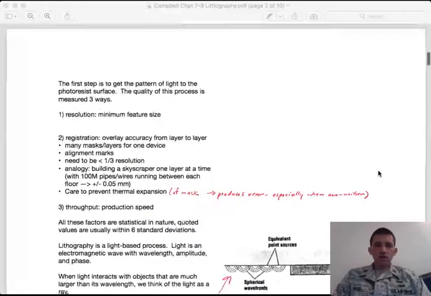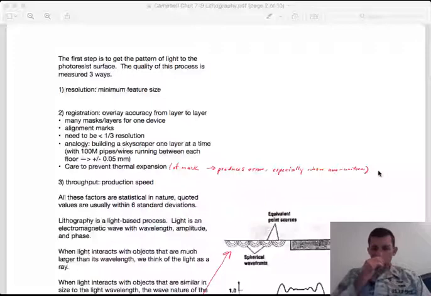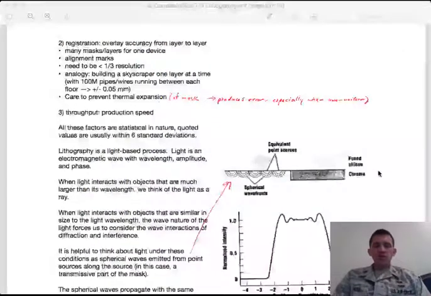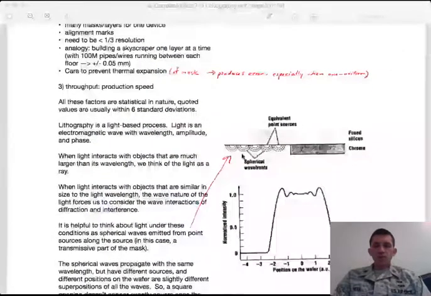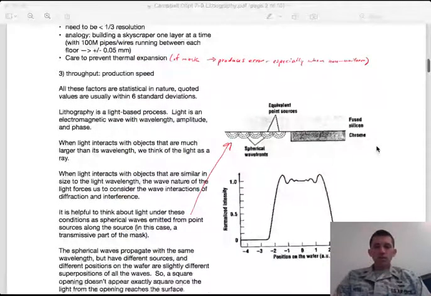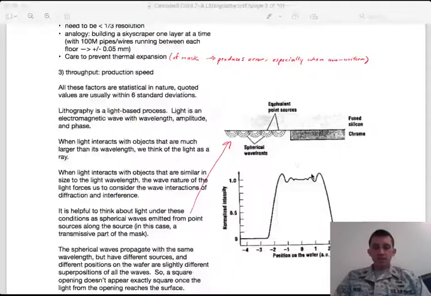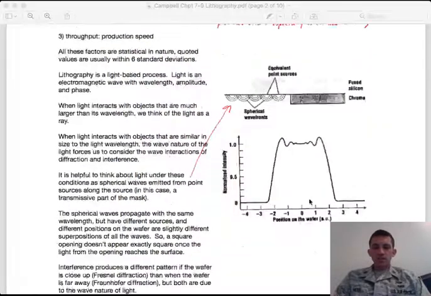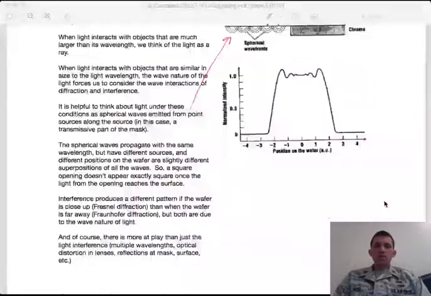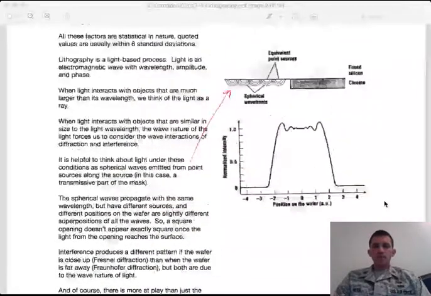So yesterday we talked about the nature of light and how it diffracts when the openings that it is transmitting through are on the same order as the wavelength of light, and that diffraction creates these spherical wavelets and interference at the photoresist surface that distorts the pattern that we're trying to create.